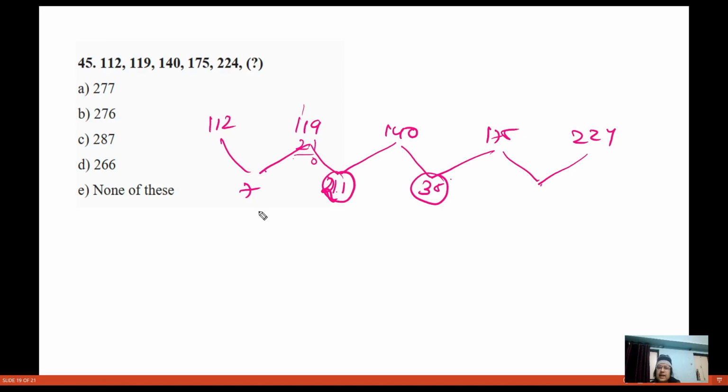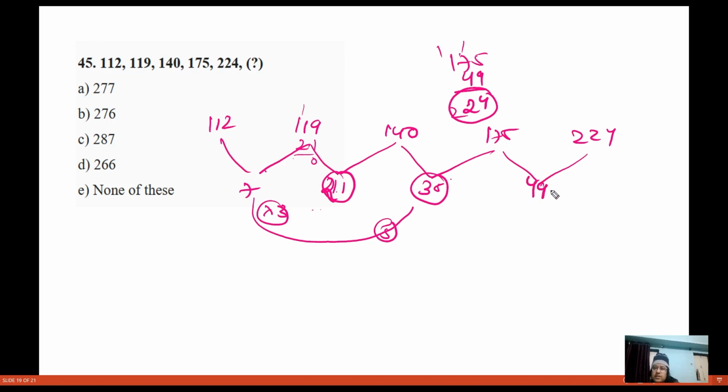See, here only I can see the logic because 7 into 3 is 21, then 7 into 5 is 35. So 49 I have to add. Okay, because now the logic is very apparent to me. So 175 plus 49, 4 and then 2, because 7 plus 5 is 12, and then 224.